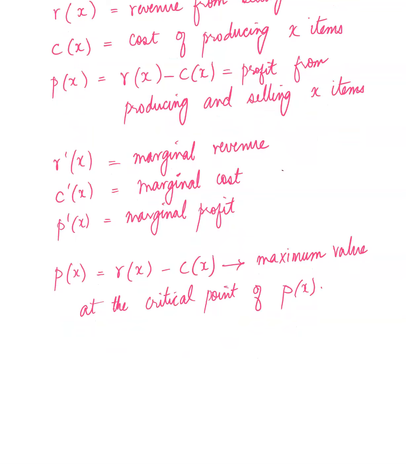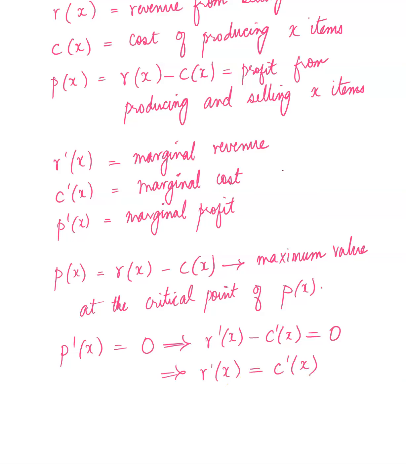So the critical point is found by taking the first derivative and setting it equal to 0, isn't it? That means you take the derivative. So R prime of X minus C prime of X will be equal to 0, which implies that R prime of X is the same as C prime of X. In other words, the marginal revenue and the marginal cost are the same. Their slopes are the same, basically, right? The slopes.